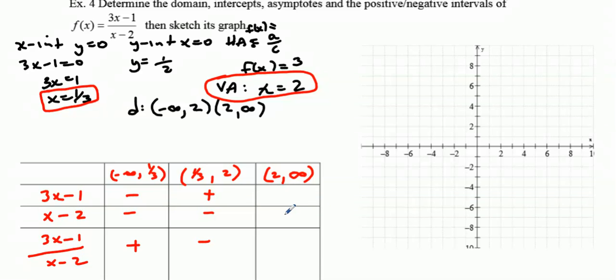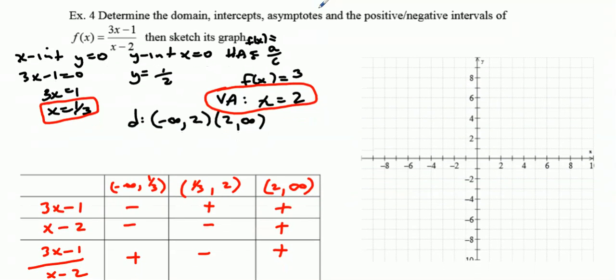And 2 to infinity is like 100 in here is going to give us a positive value. 100 in here gives us a positive value, and this is going to be positive. So we know that we have positive intervals between negative infinity and 1/3 and between 2 and infinity. Okay, that's going to help us graph this.